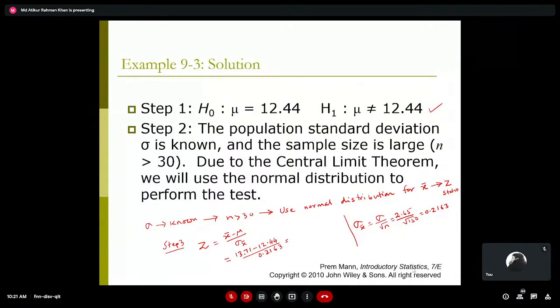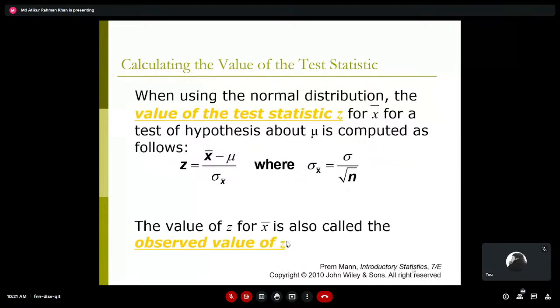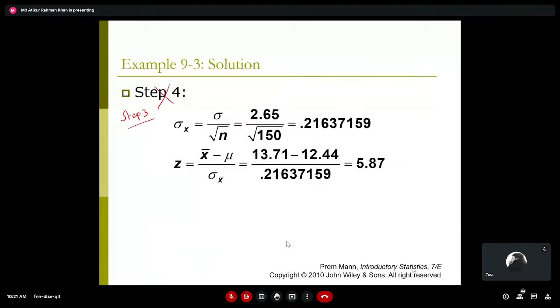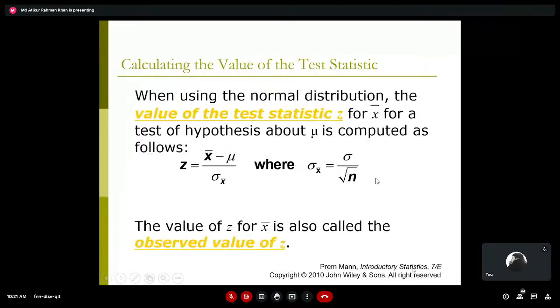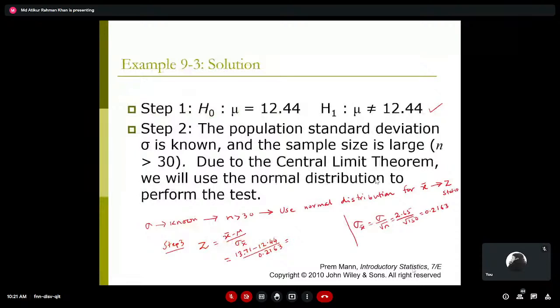So you can find the value of Z. That has been calculated here. So 5.87. So you got the value of Z.